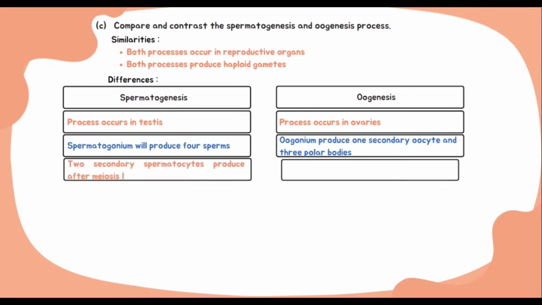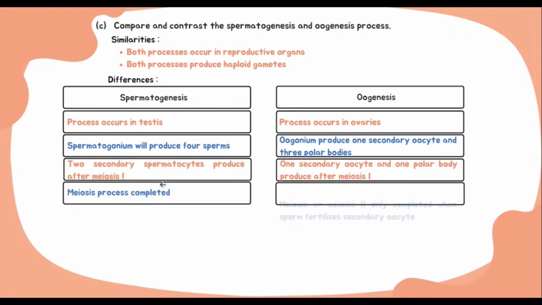Next, differences. Two secondary spermatocytes are produced after meiosis 1 in spermatogenesis process, while in oogenesis process, one secondary oocyte and one polar body are produced after meiosis 1. Same category, meiosis 1, meiosis 1.